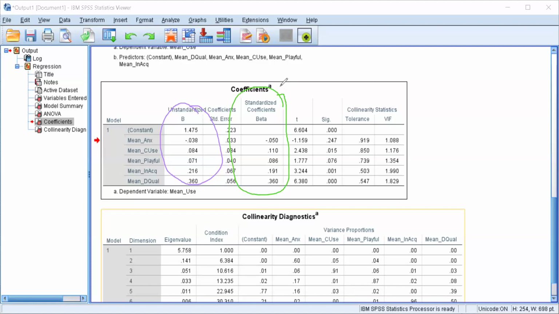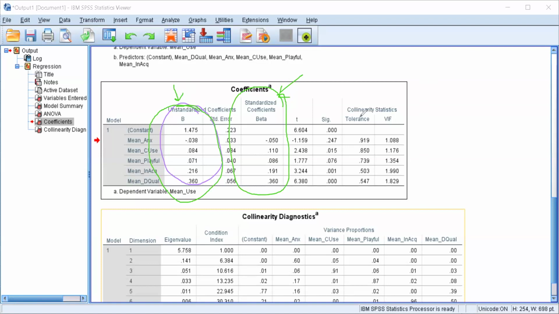We are interested in standardized coefficients, standardized beta values. We are not interested in unstandardized coefficients. For students of finance, unstandardized coefficients are relevant. For behavioral studies, standardized coefficients are relevant.